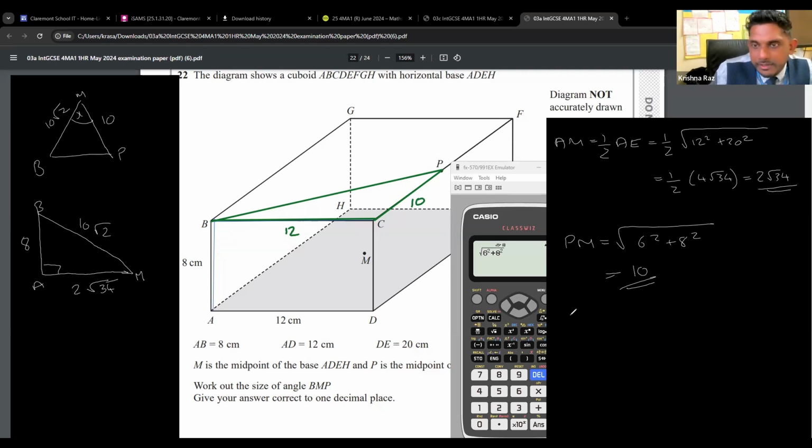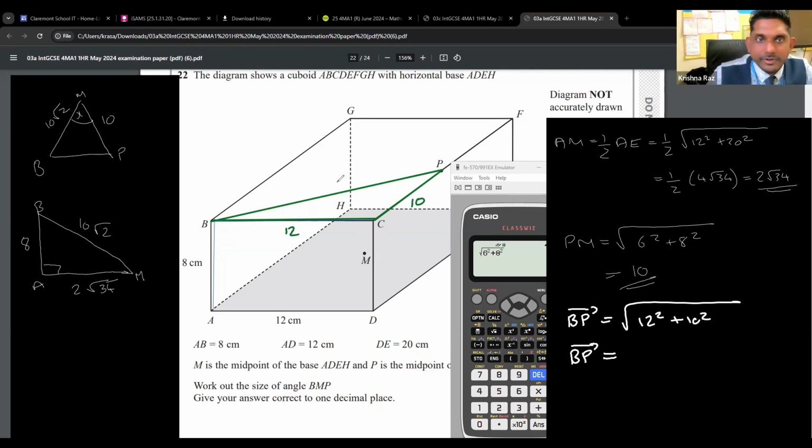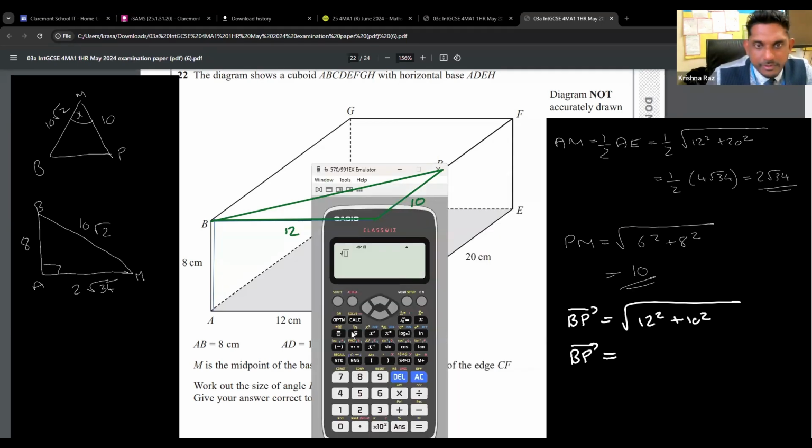So BP equals the square root of 12 squared plus 10 squared. So BP is square root of 144 plus 100. So the square root of 12 squared plus 10 squared equals 2 root 61.